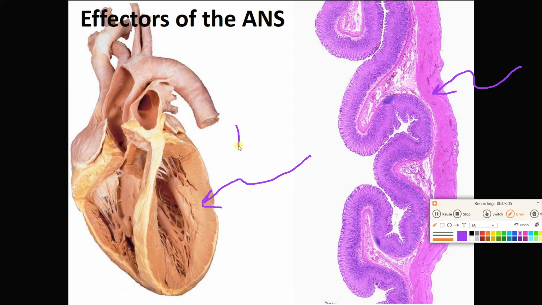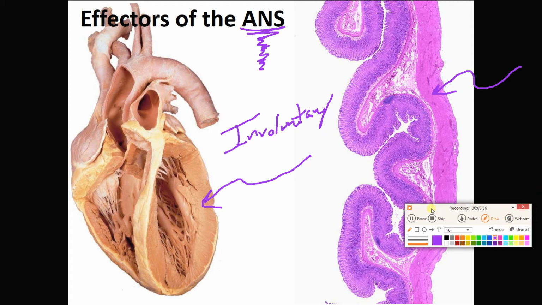Now, like all effectors of your autonomic nervous system, these two are involuntary. So one of the things to remember about the ANS, the autonomic nervous system, is that its effectors are involuntary. So these are two of the three: cardiac muscle in the heart, smooth muscle in organs like the stomach, the intestines, airways, blood vessels, etc.